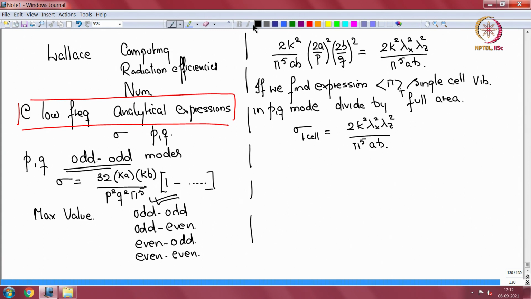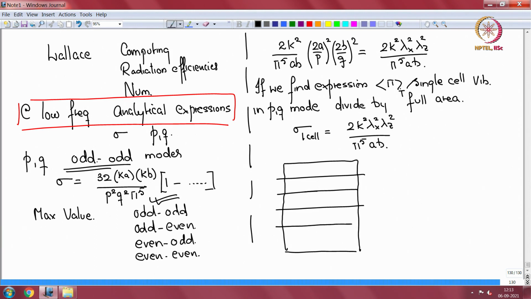Okay. Now, if we look at the picture of this thing, let us first look at this here.